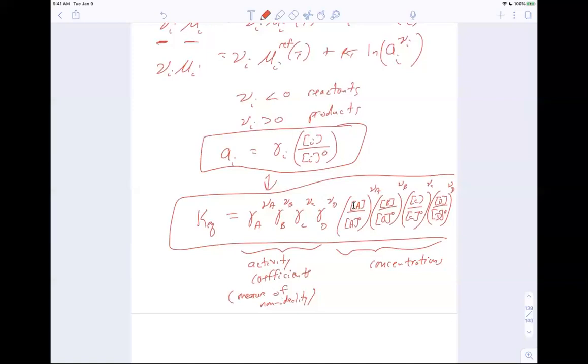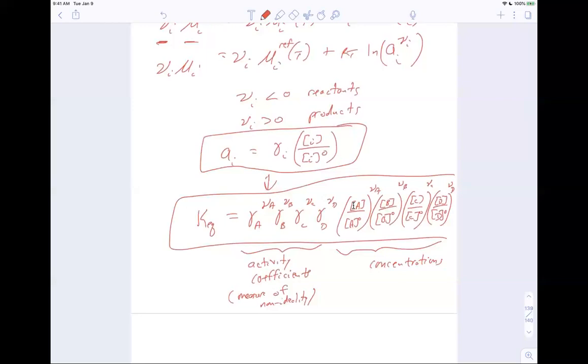The second point is that when you're dealing with the concentrations, all of the concentrations in the numerator, which represent the actual concentrations in the system at equilibrium, are divided individually by reference state concentrations. And so each one of these ratios of concentrations, raised to a stoichiometric coefficient, is dimensionless.